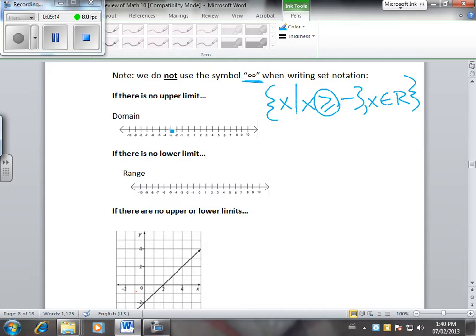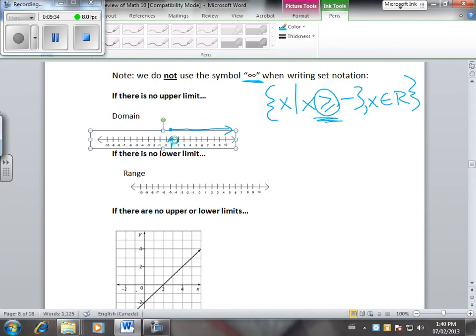Hopefully you all said solid dot. Now, there's no upper limit. So it's just everything that is greater than or equal to -3. So I will just draw a line, put an arrow on it to show that it's just going to keep going and going as long as it's greater than that point there.